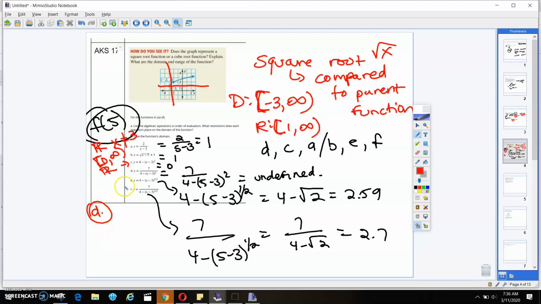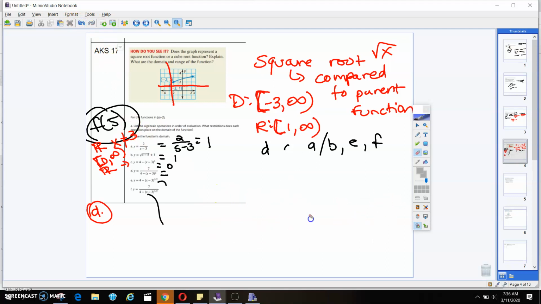On D, we've got to set this bottom equal to 0 and solve for x. So I'm going to have to erase a little bit of this to make room. Okay, so on D, we've got this denominator.